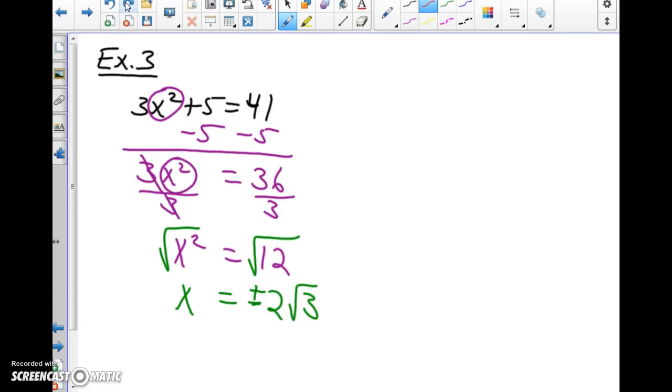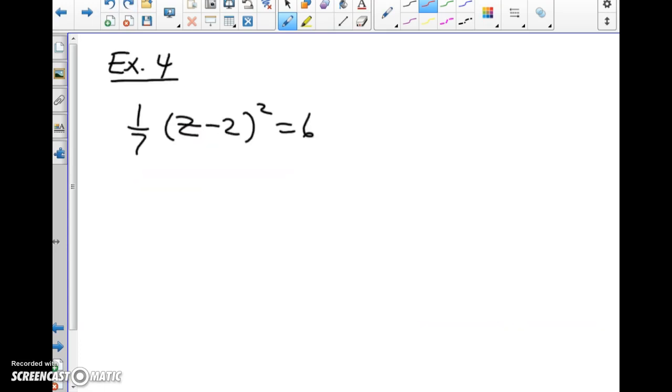This is something new you're going to start doing always. You've got to get used to this. There are 2 answers here, the positive one and the negative one, so we put a plus or minus next to it. That's the answer.